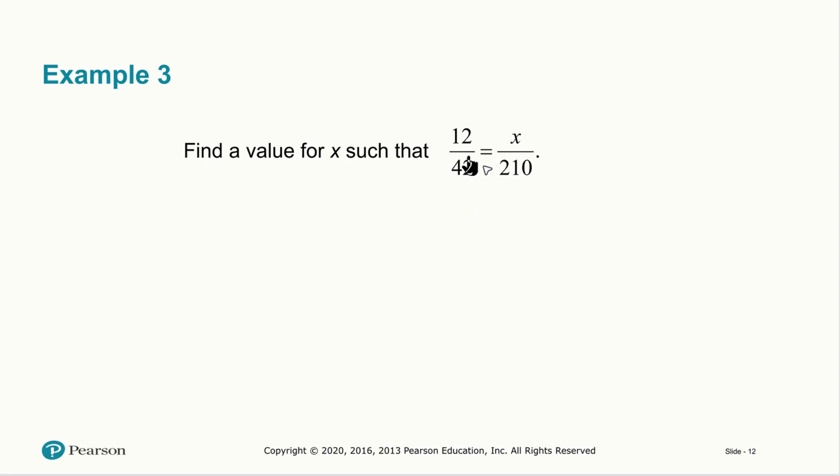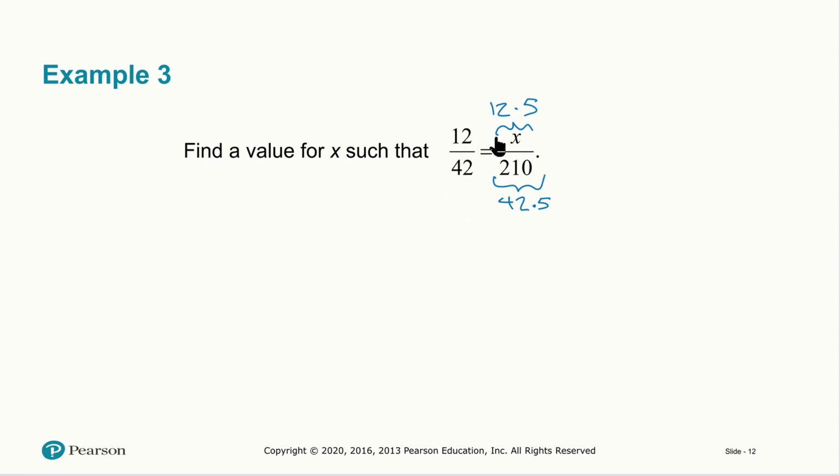If the number that we need to multiply 42 by to get 210 is 5, which means this number here is 42 times 5. So this value of x is going to be none other than 12 times 5, because what we're doing is we're multiplying the numerator and denominator of a fraction by the same number, as is allowed by the fundamental law of fractions.